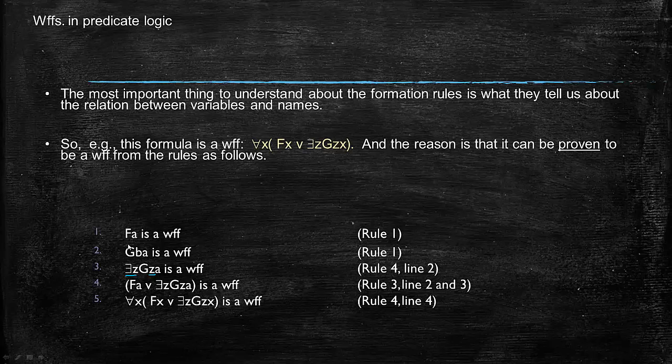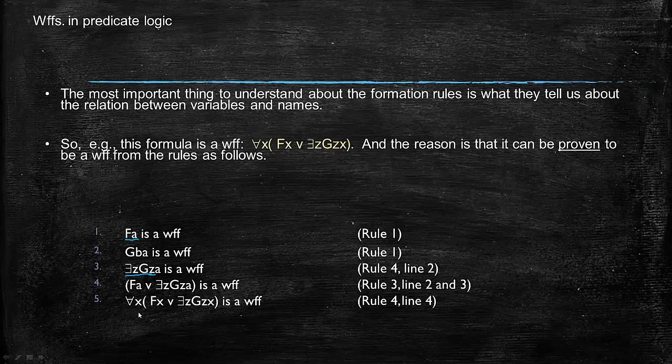So let's put Fa and there exists a z, Gza together in accord with the rules from propositional logic. Put it together with an or, slap some parentheses around it, which you have to do by Rule 3. So notice now we've got Fa or there exists a z, Gza. All mechanical now, just following the rules.